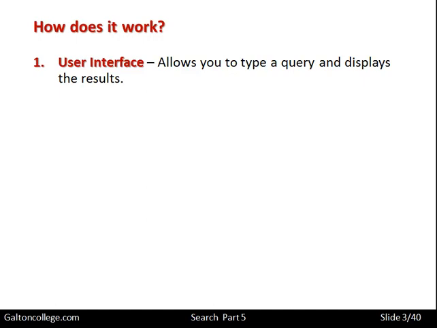So we open a browser such as Chrome or Internet Explorer, although Internet Explorer has been phased out, Firefox, Opera or whatever. Anyway, we access the search engine through the browser and we type a query in there. So that's the interface. That's how we access the search engine and how we get our results.